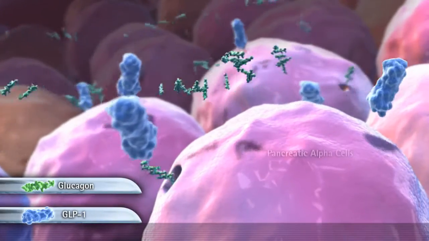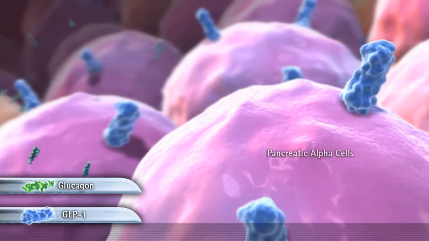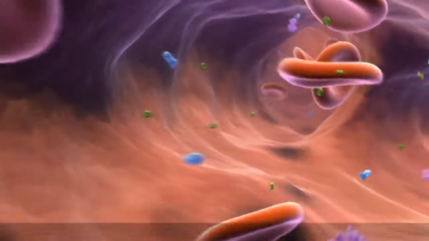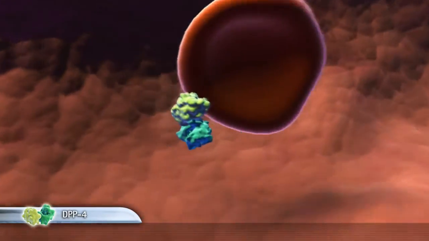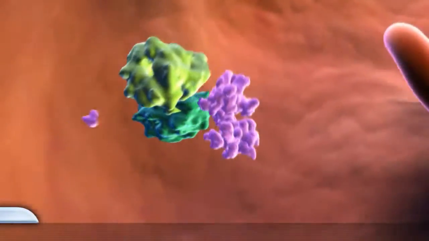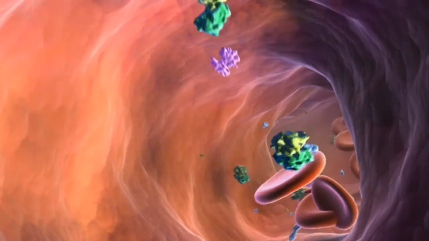GLP-1 also suppresses the secretion of glucagon from the alpha cells of the pancreas. The glucoregulatory effects of incretins are limited by the activity of the dipeptidyl peptidase 4 DPP4 enzyme, which rapidly degrades the GIP and GLP-1 incretin hormones.